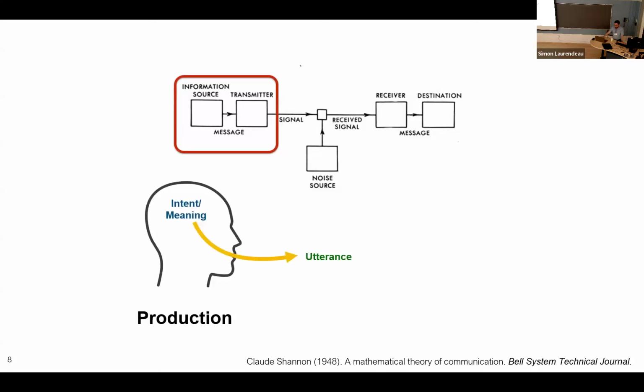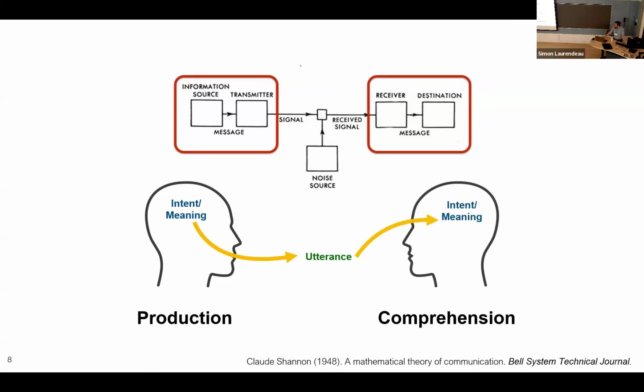In psycholinguistics, we would say that is language production. How do you start with a meaning, an intent in your brain, and turn it into an utterance? You then put that utterance out into the world by speaking. It goes to a comprehender who receives the signal and decodes it back into a meaning. And there are extremely non-trivial information processing constraints that are going to happen at both of these points.